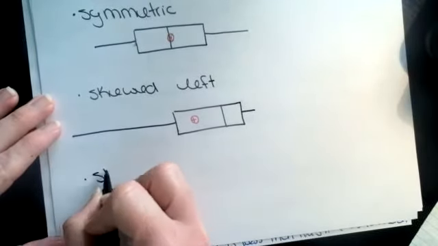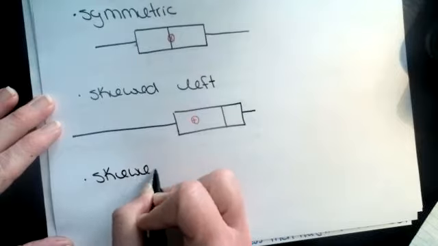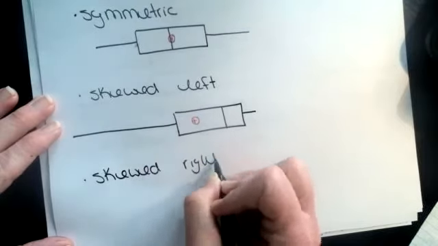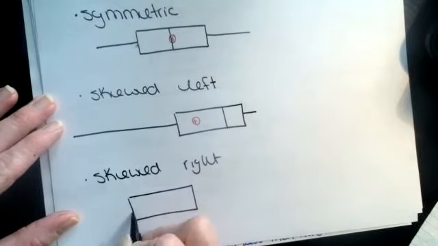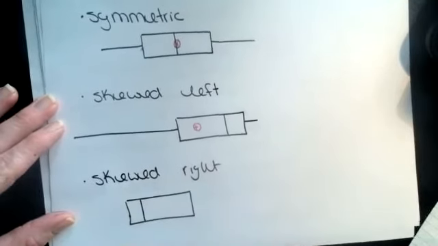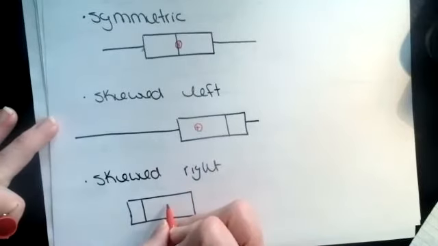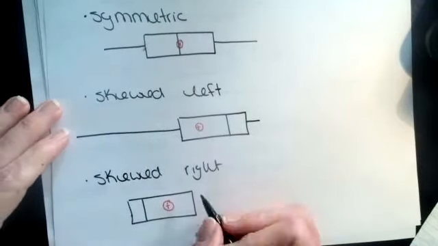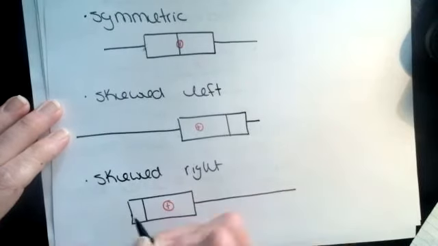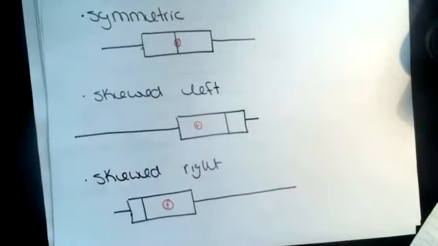Okay. And then the same thing for skewed right. Skewed right is just a mirror image of my skewed left. So I have this box. My median is further to the left. My mean is pulled to the right with that skew. I have a longer whisker over here and a shorter one.